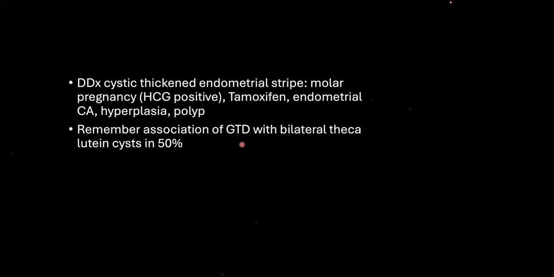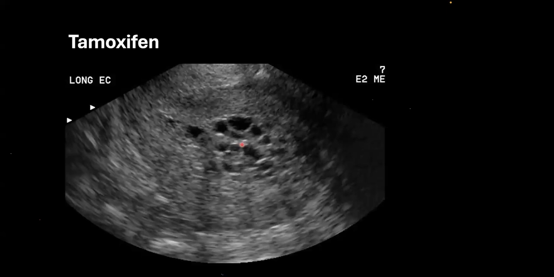So that can be one indirect sign to differentiate it from other cystic endometrial stripe differentials. So like in this case, we can hardly say whether this is due to tamoxifen-induced cystic endometrial thickening or it is early changes of molar. It looks similar, but you can look for the theca lutein cysts in case of GTD.